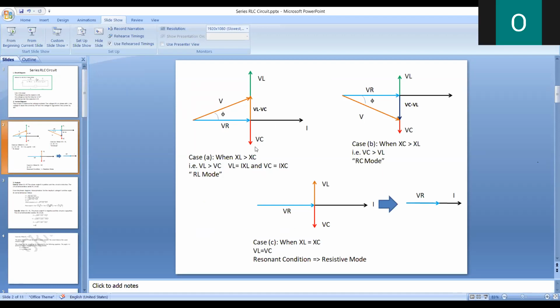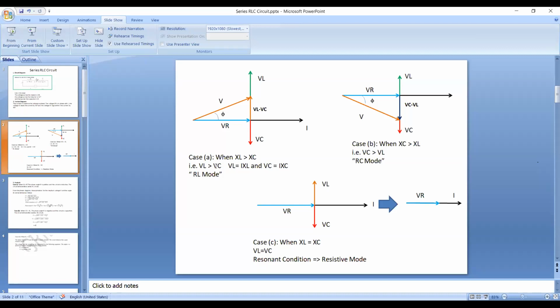Now, you must observe the vector diagram carefully. If you observe closely, I have taken VL with a larger length and VC with a shorter length, simply because XL is greater than XC. So when XL is greater than XC, VL will be greater than VC.